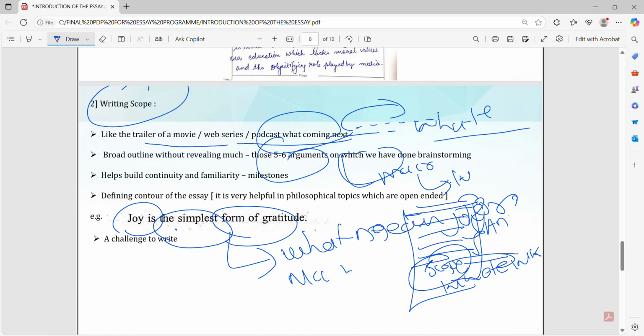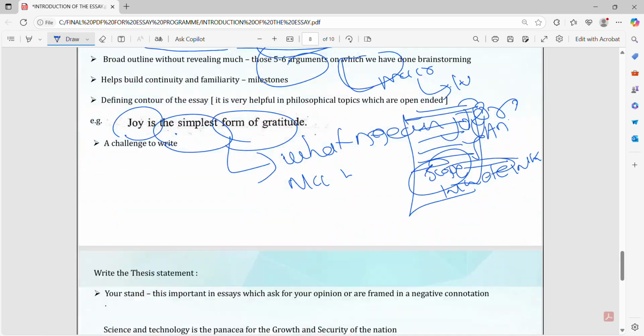We can include a temporal dimension, but we cannot copy paste this. So we have to create the dimension, and in that dimension we can create the micro dimension, so that our essay should flow, not like we are picking up ideas and putting them on paper. That should not happen. That is the purpose of writing the scope.